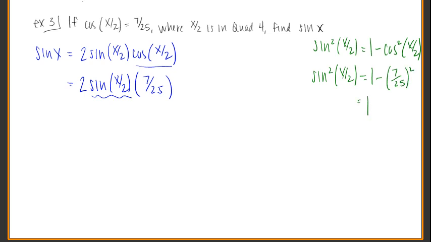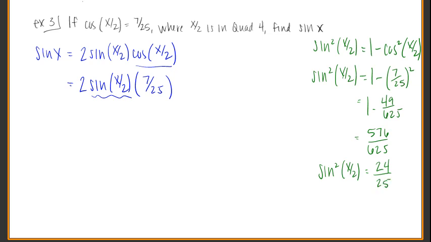Okay, so 1 minus 49 over 625. And the difference is, let's see, 576, I believe, over 625. So I have sine squared of x over 2 equal to 576 over 625, and the square root is 24 over 25.